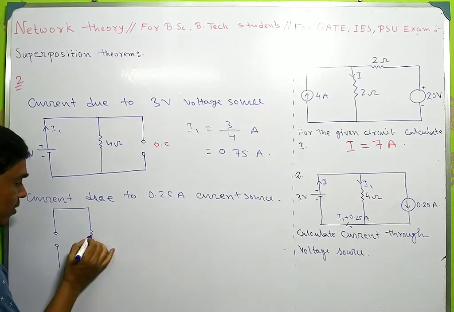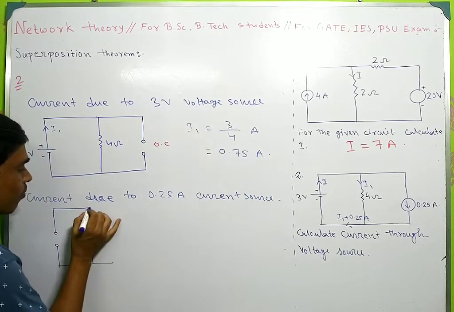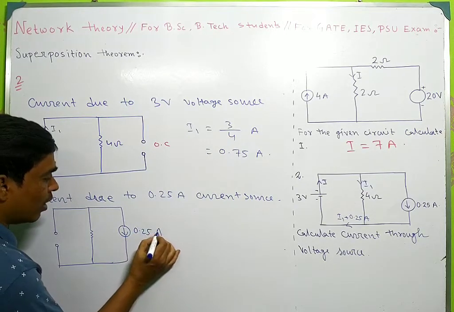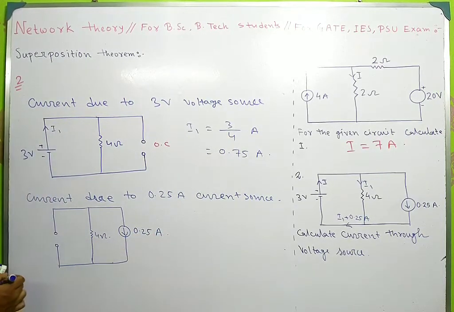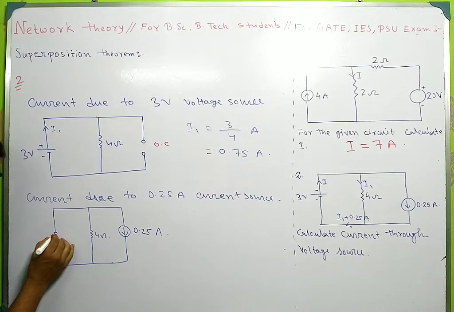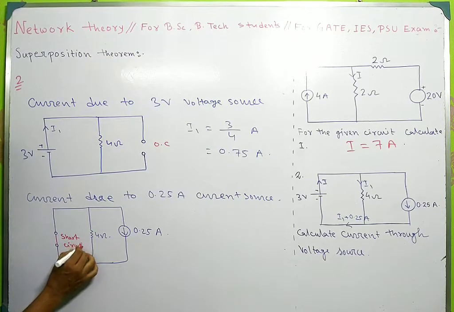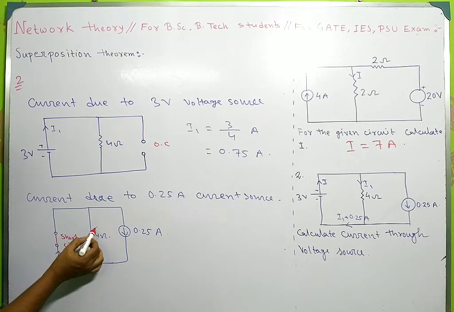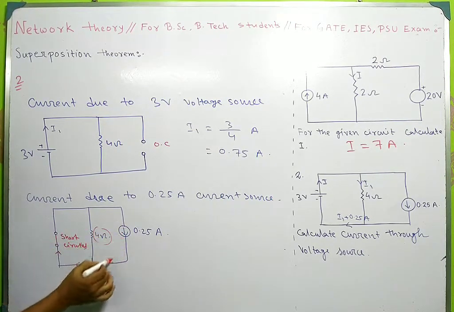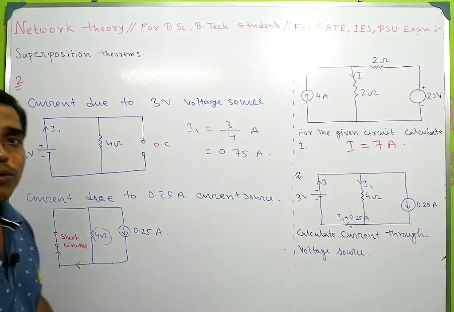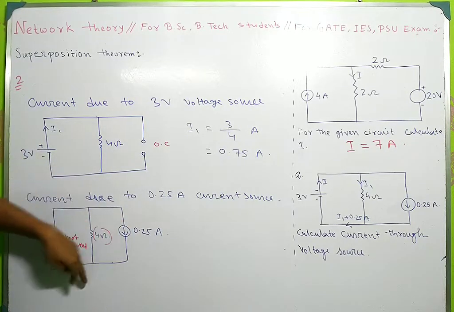So this is the current source 0.25 ampere, this is 4 ohm. So here it is short circuited, so current will pass through this junction, because this is 4 ohm resistance and here is no resistance. So current will pass through this path, no current will pass through this 4 ohm resistance. This current will totally pass through this path.